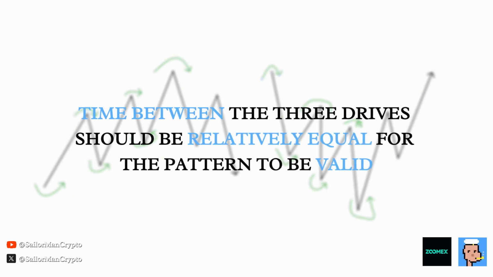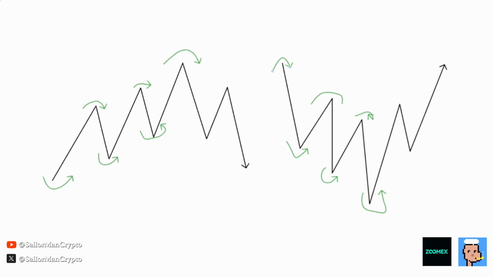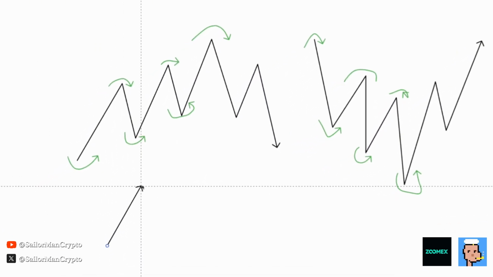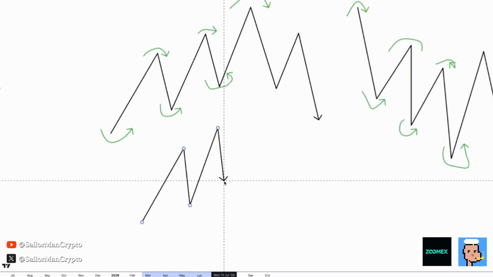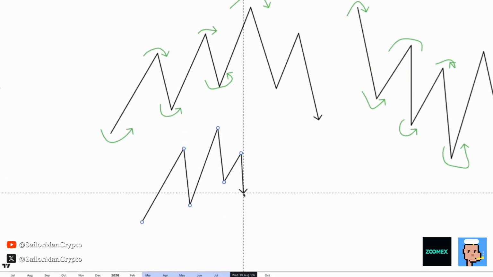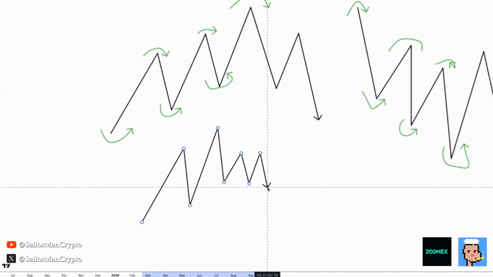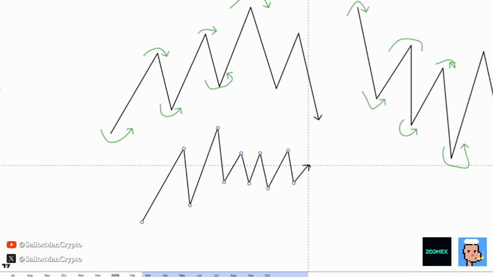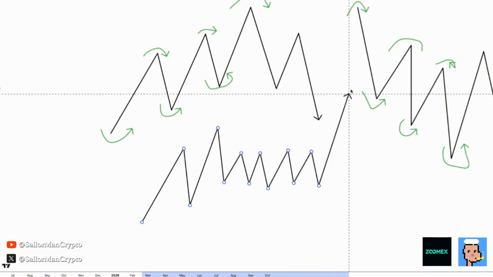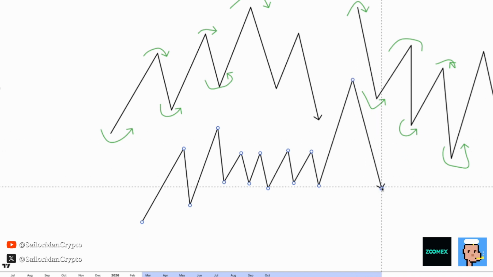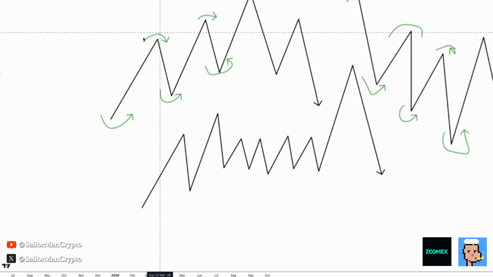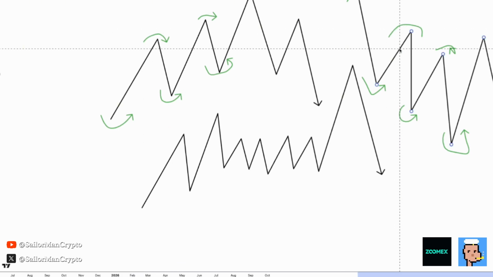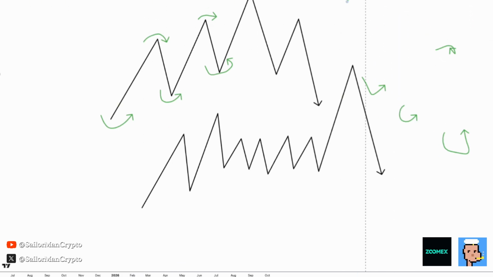So you don't want to count as a 3-drive pattern something that does the first 2 quickly like this, and then the third one starts to do something very long, different from these 2, and then you get the third drive up. So in this case, let me remove this to have a little bit more clarity in the chart.